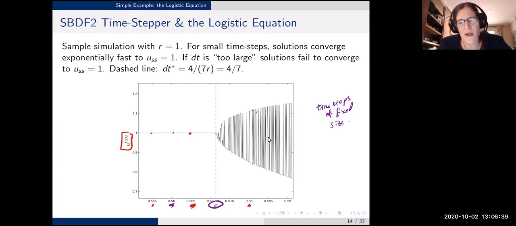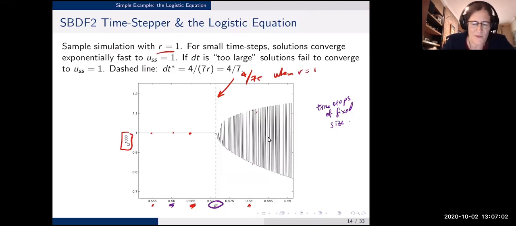So here what I'm presenting is a whole bunch of different simulations with a whole bunch of different time step sizes, and for each simulation, I simply plot the 1,000th iterate, and I see that there's a bifurcation. This dashed line is precisely 4 over 7r when r is equal to 1, because that's what the simulation is.